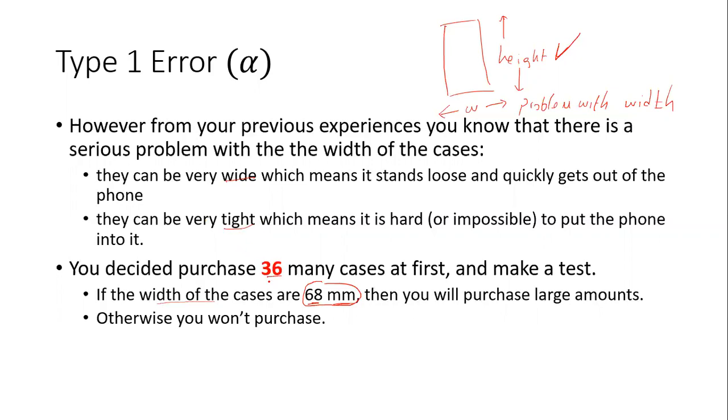So what you decided to do is you just purchase 36 mini cases at first and want to make a test. So assume that the standard deviation of the width is given as 3.6 millimeters.